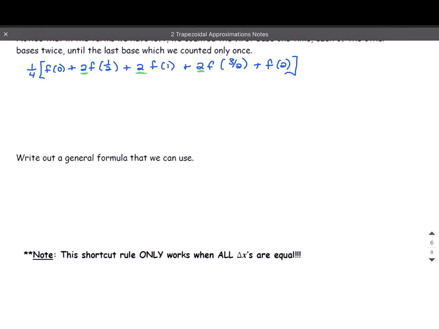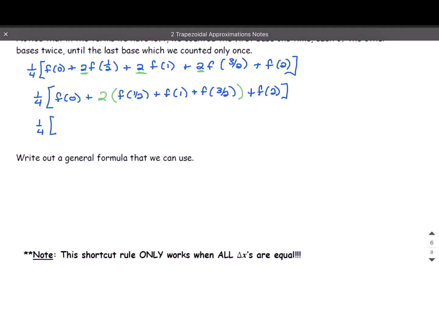We could rewrite this as 1/4 times f of 0 plus 2 times f of 1/2 plus f of 1 plus f of 3/2, plus f of 2. Okay, and now we can figure this out.